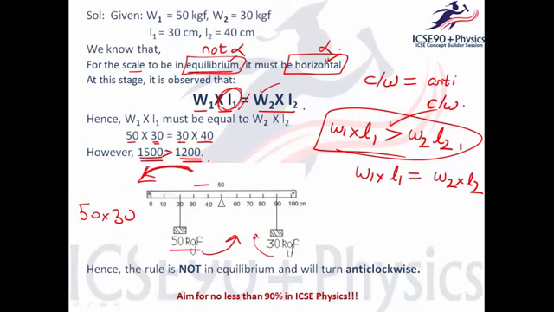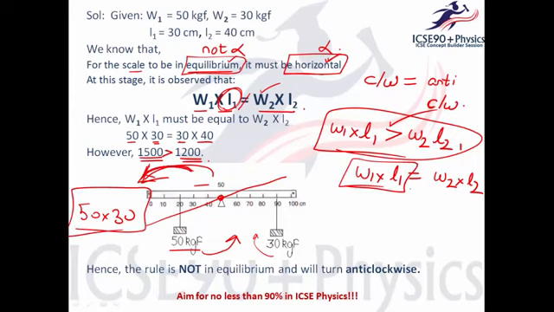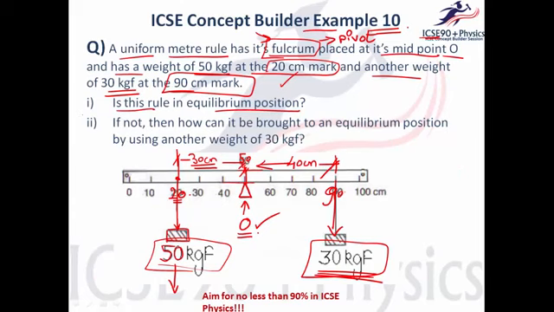So this meter rule would tend to get inclined or tilted in an anti-clockwise direction, thanks to the greater anti-clockwise moment. Thus we can say that the rule is not in equilibrium and it will turn anti-clockwise. That answers the very first part of the question. So we know for sure that the rule is not in equilibrium position.